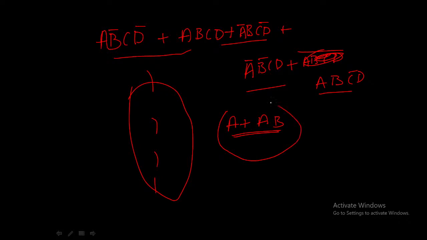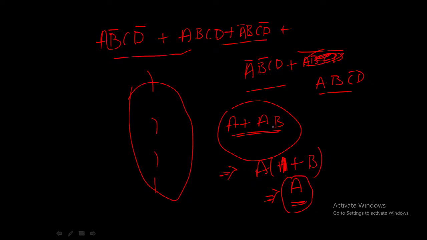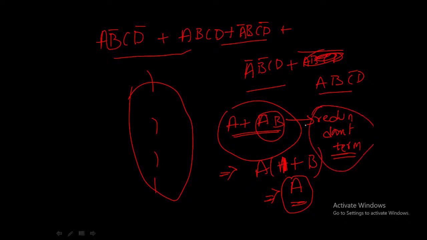To solve this equation, we take a common: a into 1 plus b. 1 plus b is nothing but 1, so finally we are left with a. So here ab is a redundant term. It will get cancelled out if we solve this particular Boolean expression.